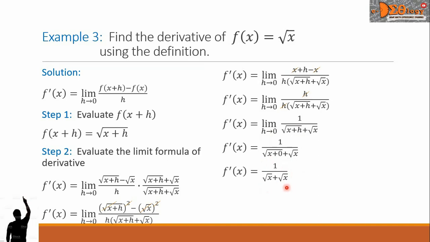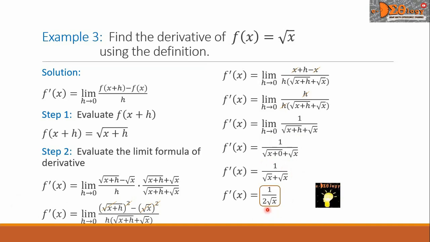We can now put together the square root of x into 1 over 2 square root of x. This is our final answer. This is the derivative of our function here.